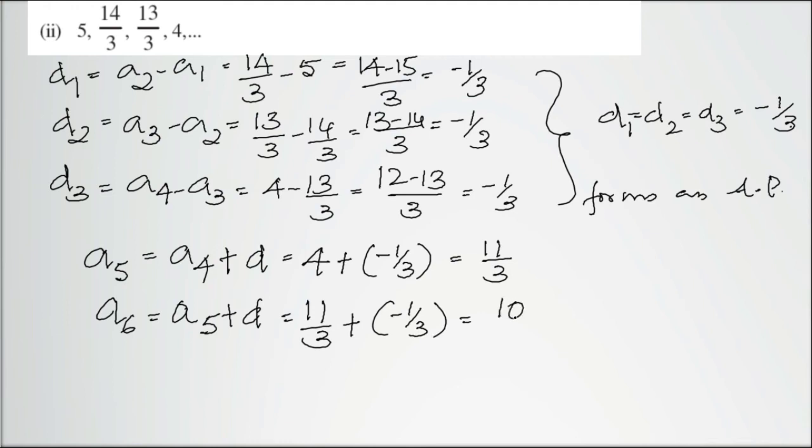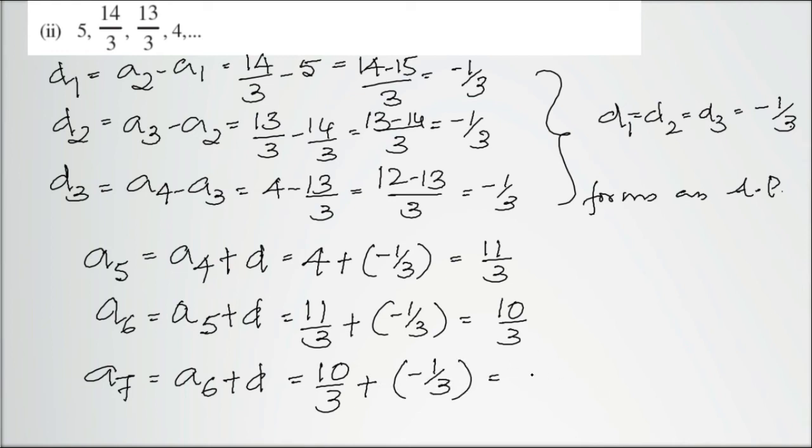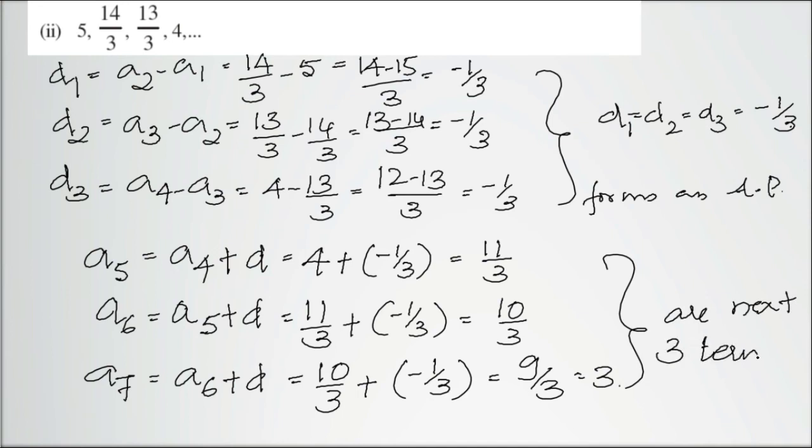We'll be getting 10 by 3. Seventh term is sixth term plus the common difference. Sixth term is found to be 10 by 3 added to minus 1 by 3. We get it as 9 by 3, same as 3. These are the next three terms of the arithmetic progression. Look at question 3.